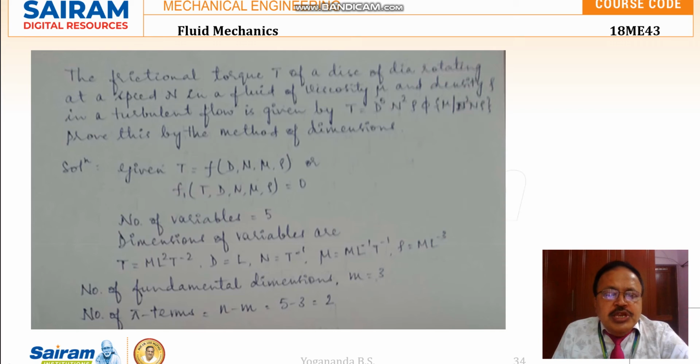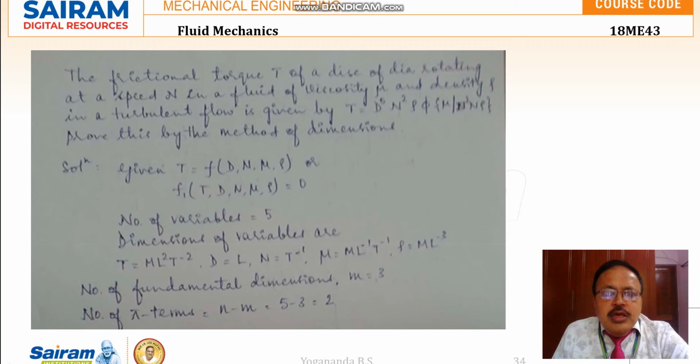The expression for force is M L T to the power of minus 2, into distance L. So it becomes M L square T to the power of minus 2. Then diameter is nothing but length L. Then N, rotations per minute, rotations having no units, per minute. So it is 1 over T, that is T to the power of minus 1.